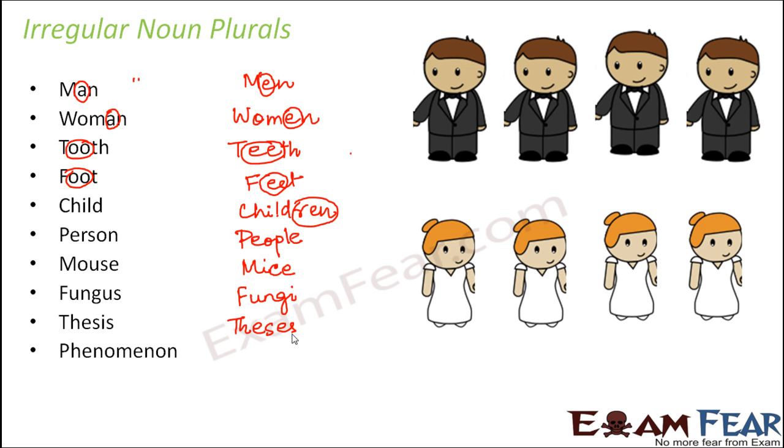Phenomenon is a singular form, but when you are talking about many phenomena, then it becomes phenomena. Criterion is singular, but when you want to use it in plural, then it becomes criteria. So these were some examples of irregular noun plurals where you do not really have a specific set of rules which are followed by these nouns.